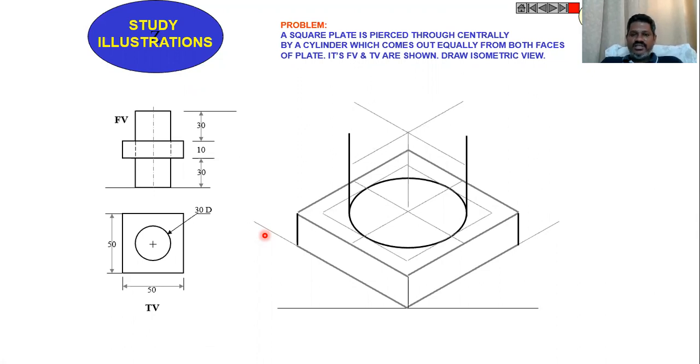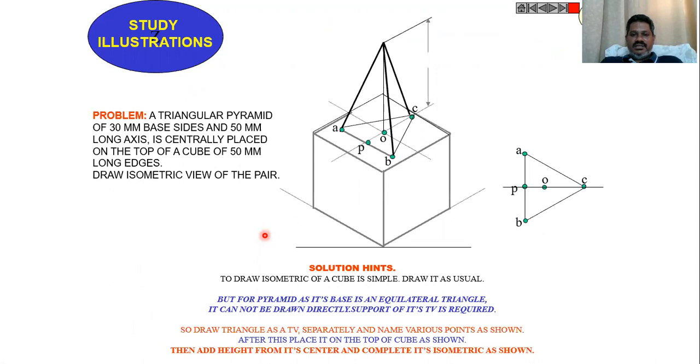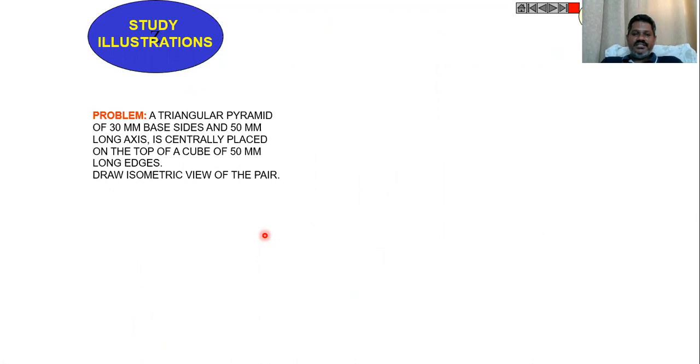For that also we have seen the isometric view. Then a triangular pyramid is placed centrally on the cube of 50 mm side edge. That also we have seen in this session.